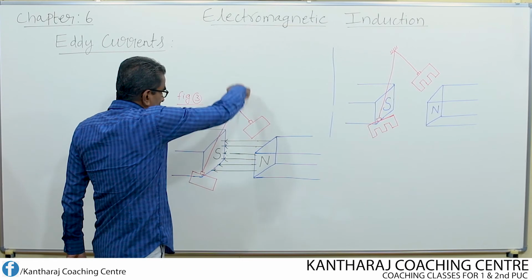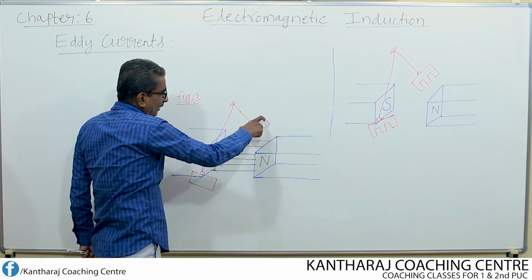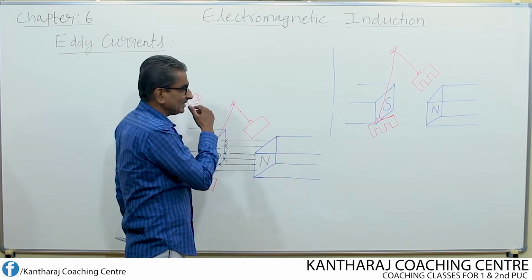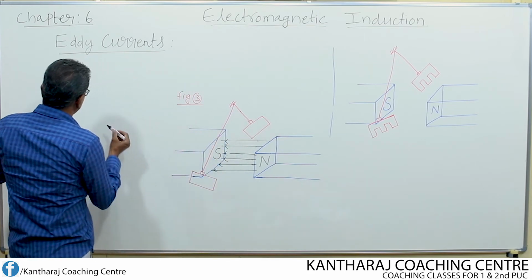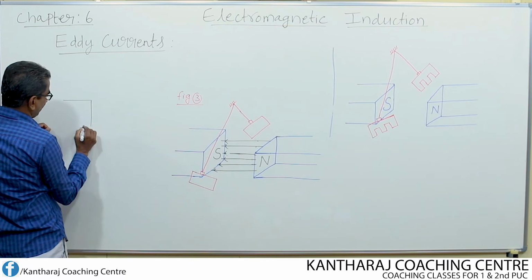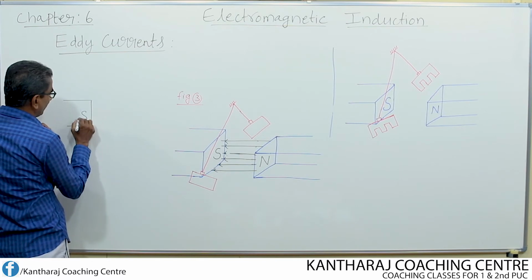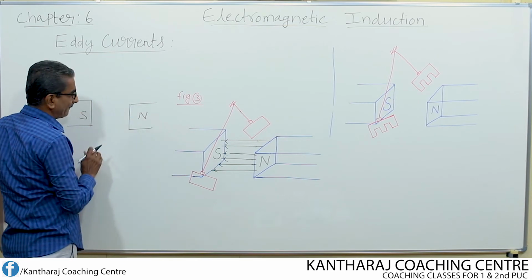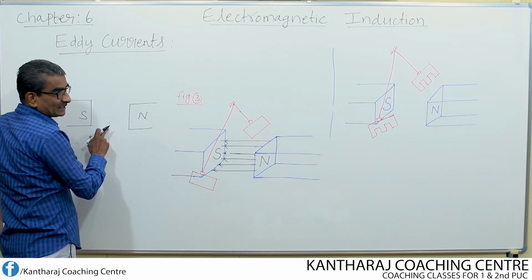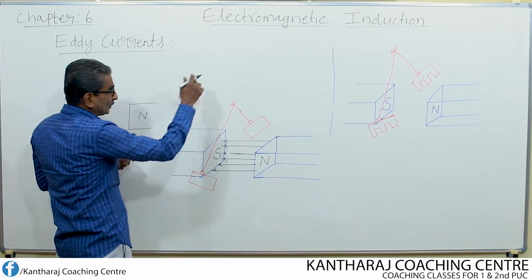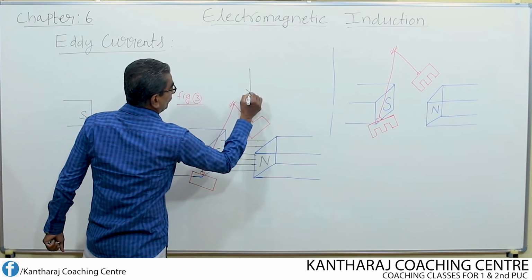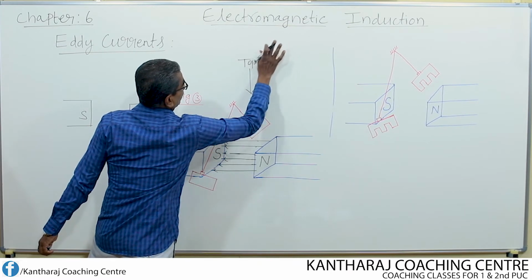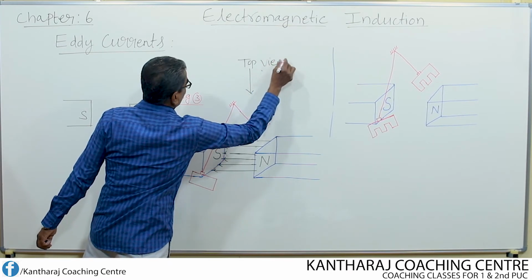If I view from the top side, then we can understand how the magnetic flux linking with the plate increases and decreases. I make it simple. This is the south pole and this is the north pole. This is the top view figure.